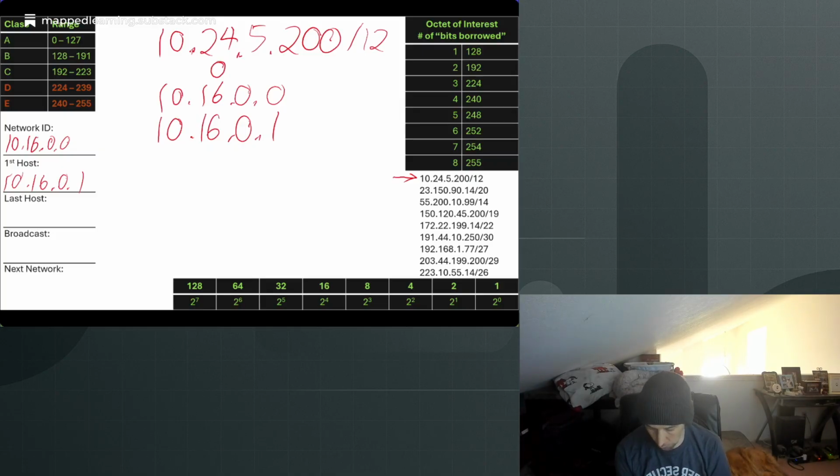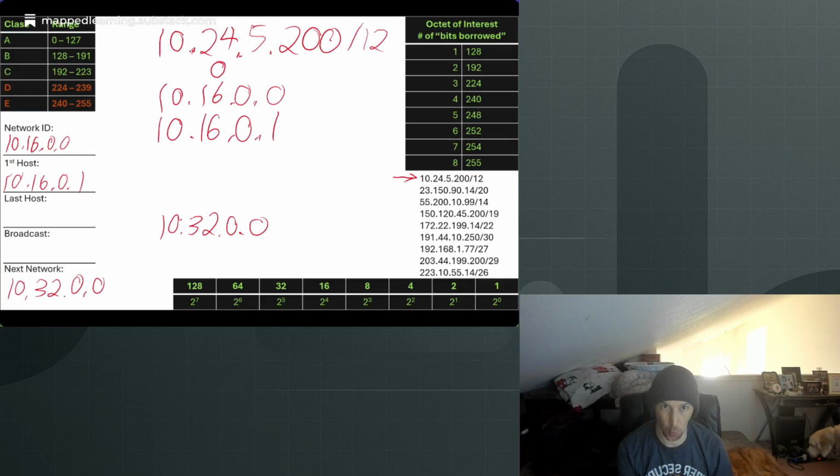What's the next network? Well, we already got that before. That is 10.32.0.0. Subtract one binary bit from the next network, and that gives us the broadcast. Everywhere where there's a 0 at the end, it turns into 255, and then we can subtract from the octet of interest.